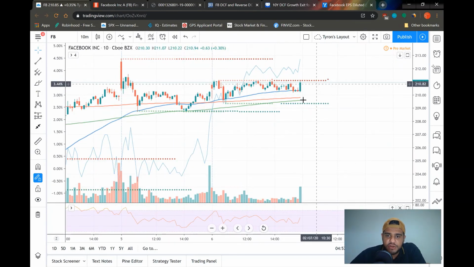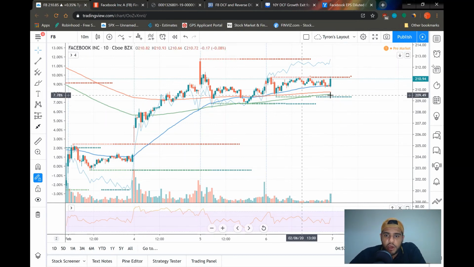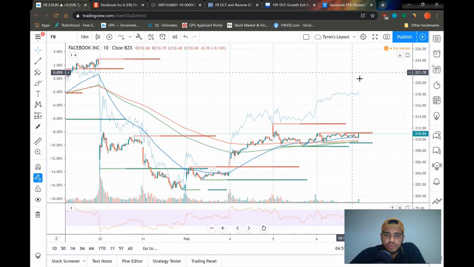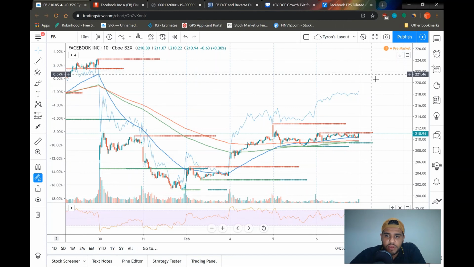The red lines here you see are the resistance, and the green lines you see are the support. There was also some buying that came in today actually. So this may be a good play in the short term. I can see an upside at least to somewhere around 220. That would be to close this gap right here.